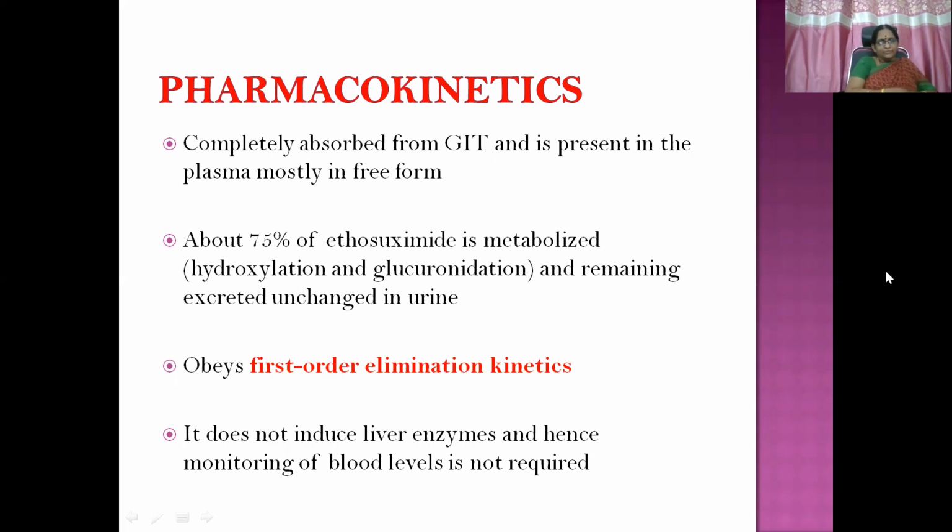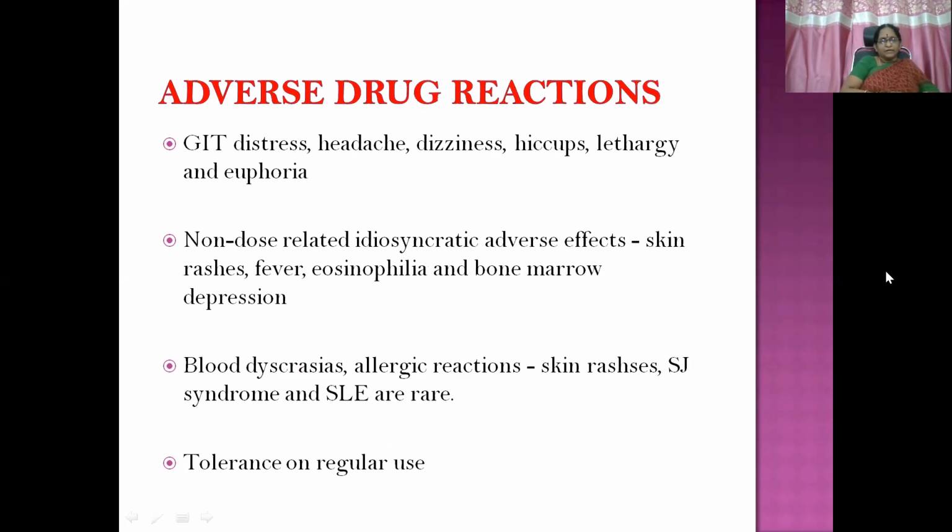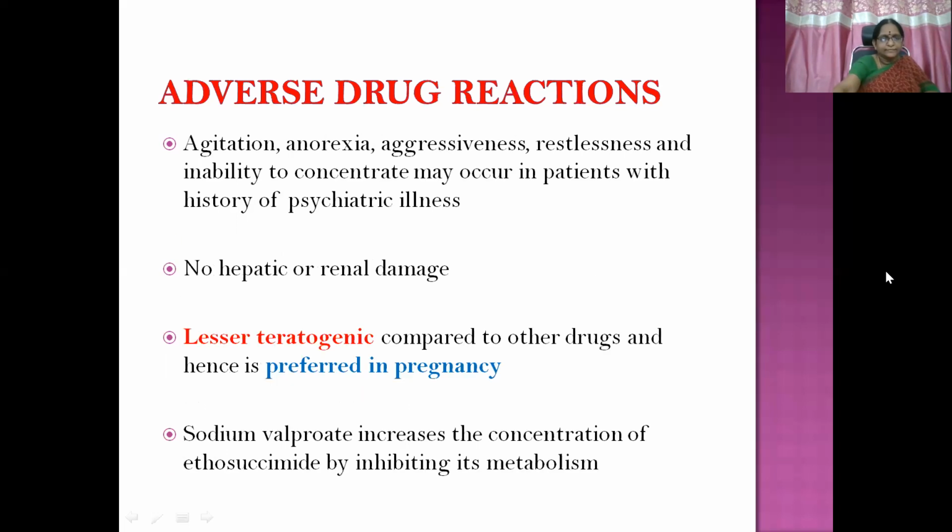Pharmacokinetics: completely absorbed from the GIT, 75% metabolism by hydroxylation and glucuronidation. It follows first order elimination kinetics. Ethosuximide does not induce liver enzymes, so TDM is not needed. ADRs: the most common side effects, and non-dose related idiosyncratic adverse effects like skin rash, fever, eosinophilia, etc. And rare manifestations like allergic reactions and blood dyscrasias, and tolerance on regular use.